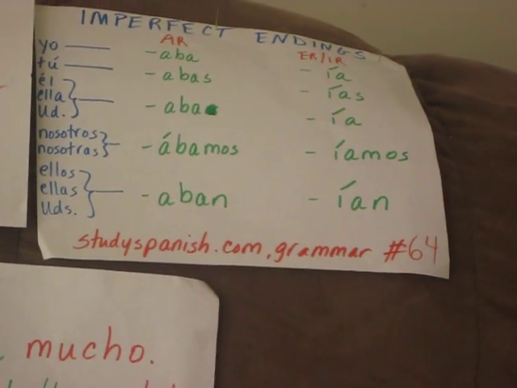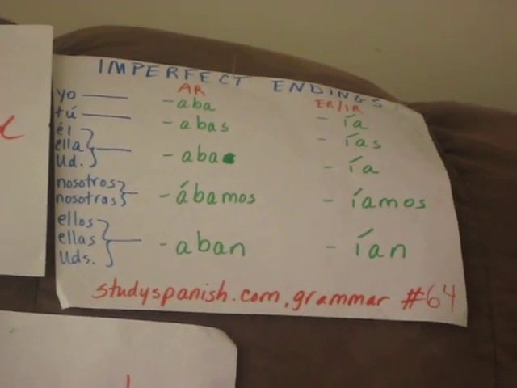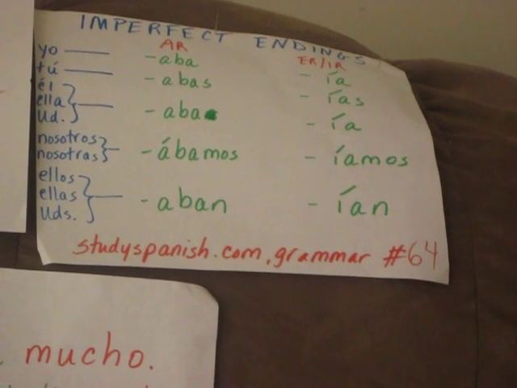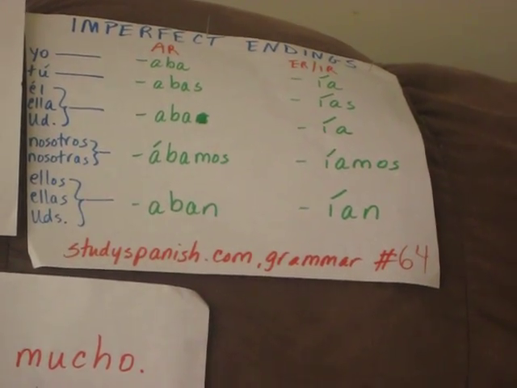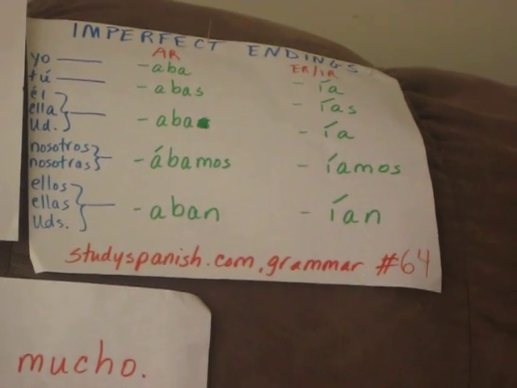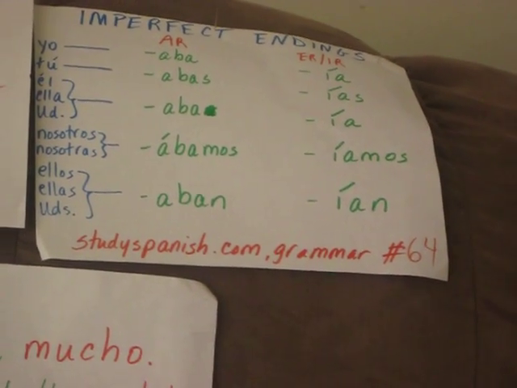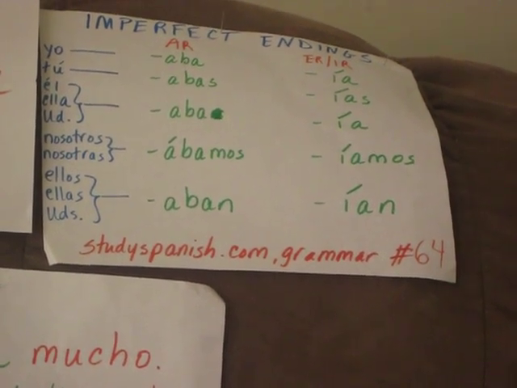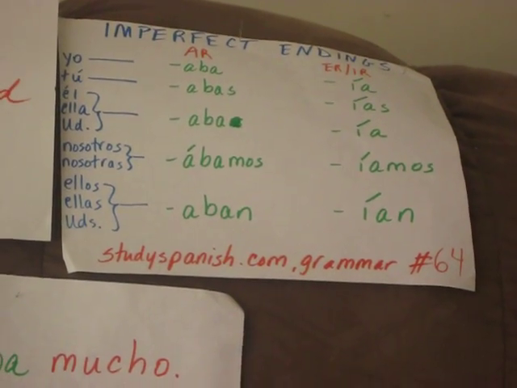So you must tell who you're talking about. Okay? For example, yo comía, I used to eat. Ella comía, she used to eat. Repeat them with me. Ía, ías, ía, íamos, ían. And notice your accents over that I.